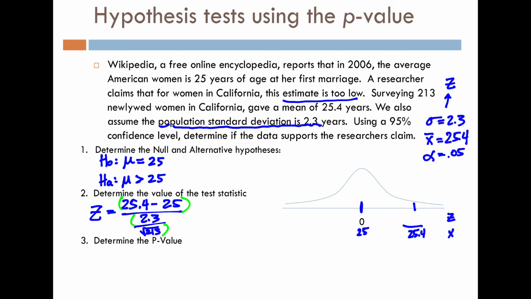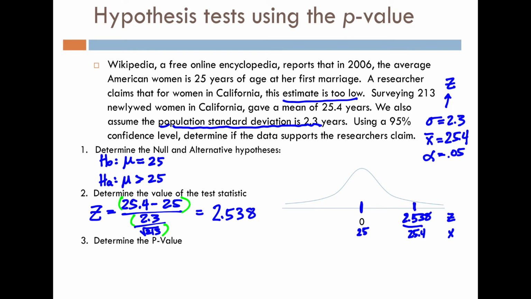That's essential. Carrying this out, plugging this into your calculator, we get 2.538. Positive as we assumed, because we know it's higher than 25. And so it's the right sign.